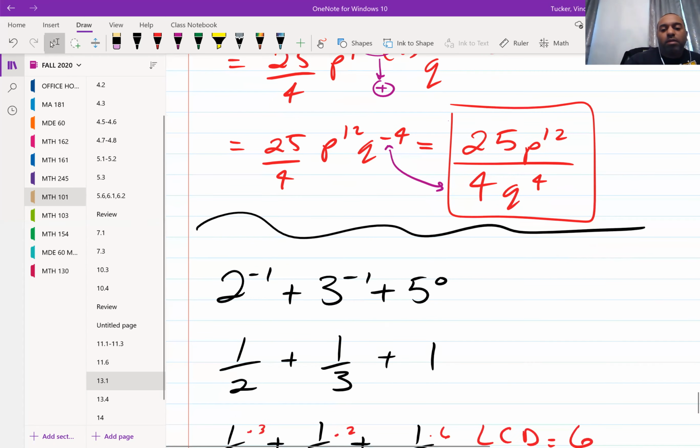Once again, we had this small number, and this negative 7 as an exponent represents that. All right, any questions before we go the other way with it?